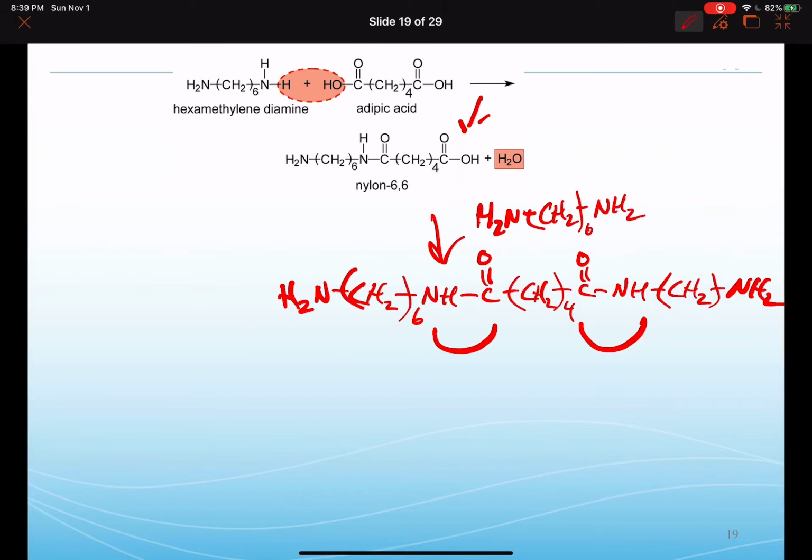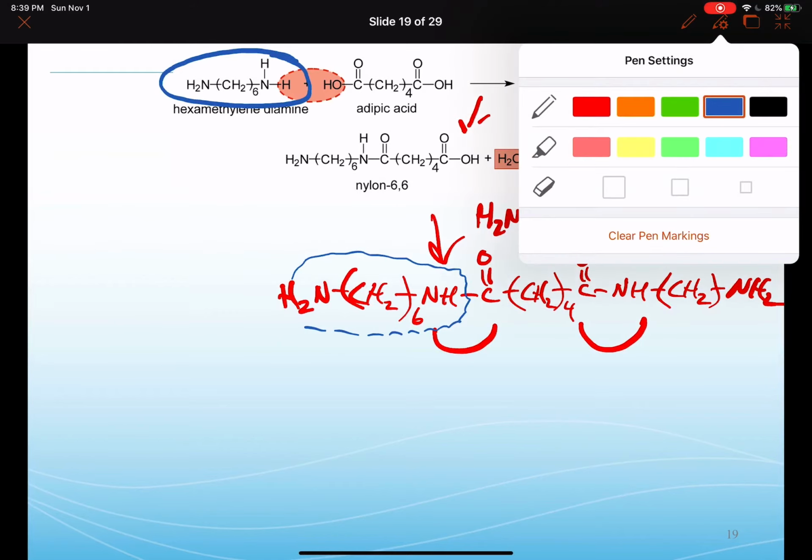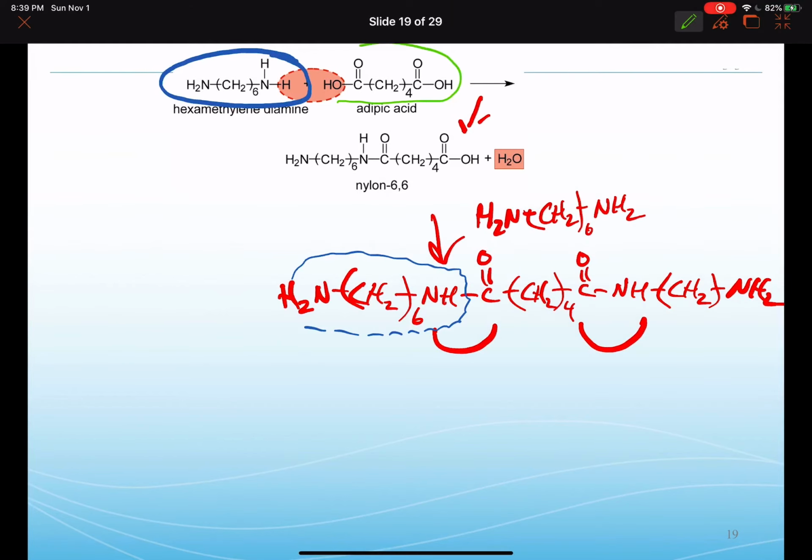Okay, so to show the repeating pattern here ultimately, let's maybe do some color coding. Notice that the hexamethylene diamine can be recognized there by having nitrogens flanking either of the 6 positions. So that is kind of shown here. And then the adipic acid, we can cartoon that as green.